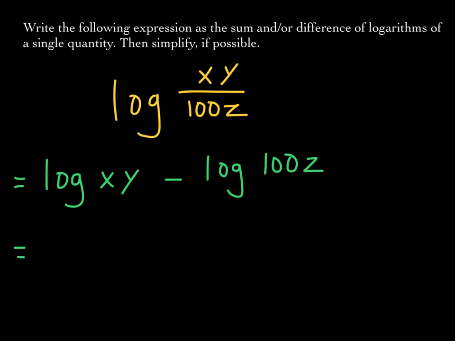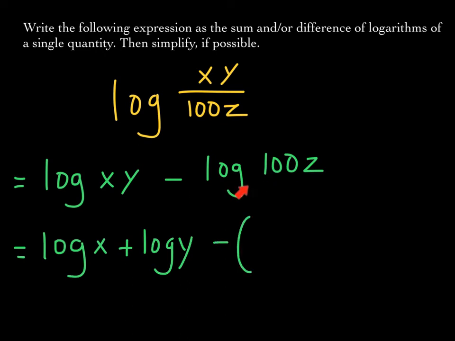Log of x times y can be rewritten using the product rule as log of x plus log of y. Now you've got to be careful with this next part. It's going to be minus and then open a set of parentheses because this one logarithm will turn into a sum of logs. So you're going to have log of 100 plus log of z.